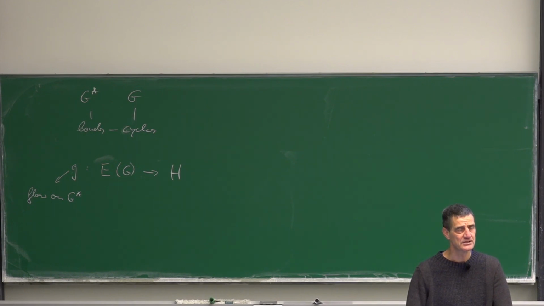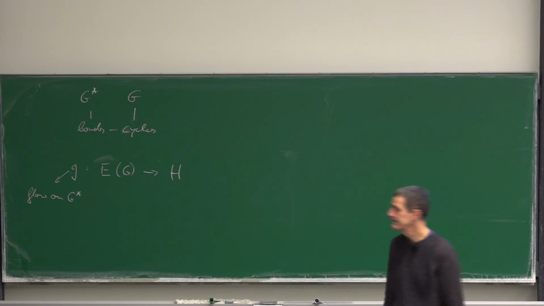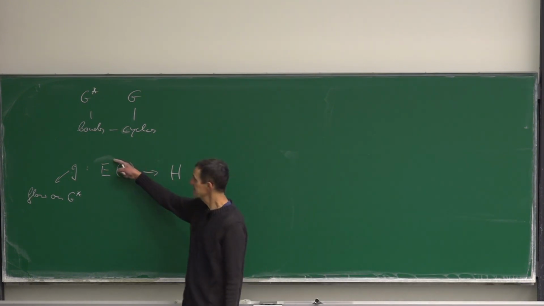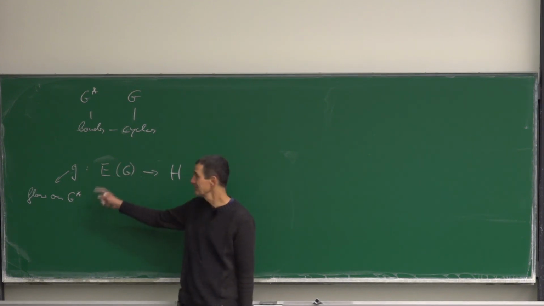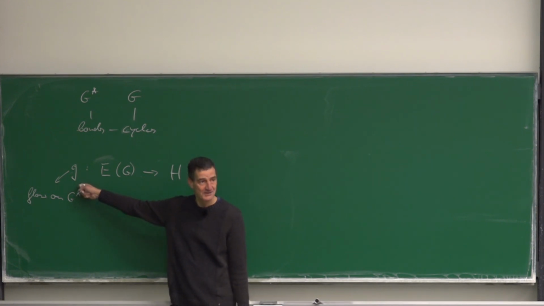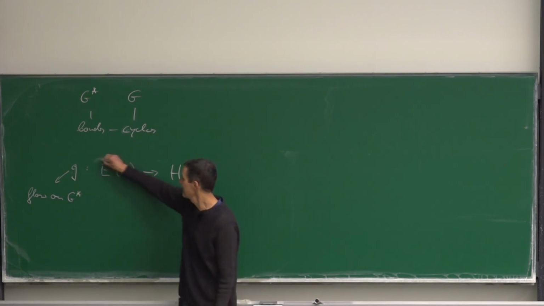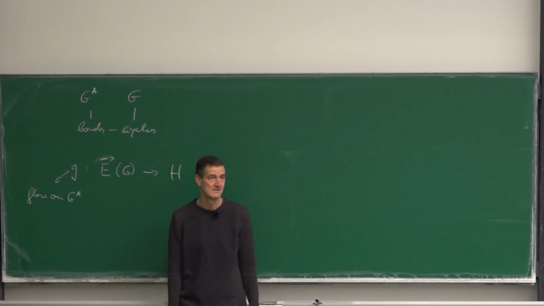So where did I cheat? I'm not a good liar. You see, I wiped something out here because I inadvertently wrote the correct thing. Of course, a flow is not a map on the edges. It's a map on the oriented edges.